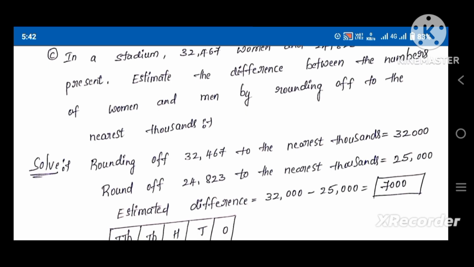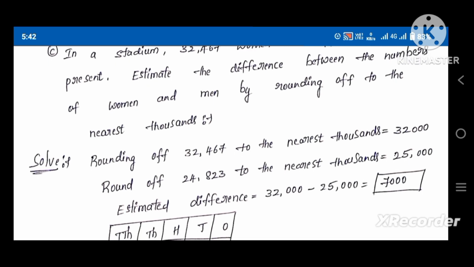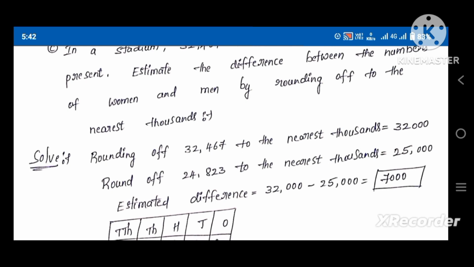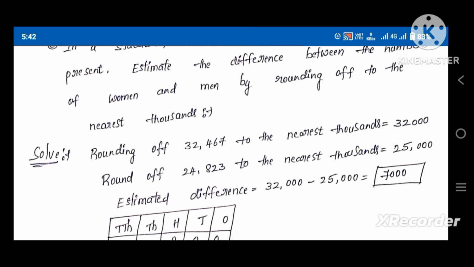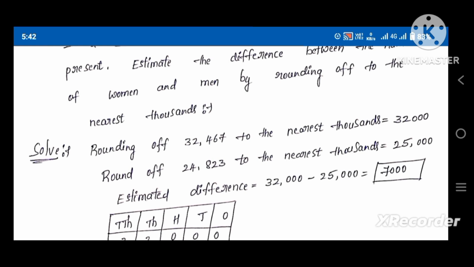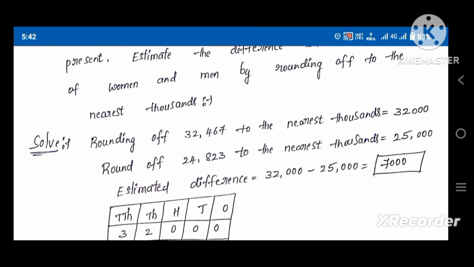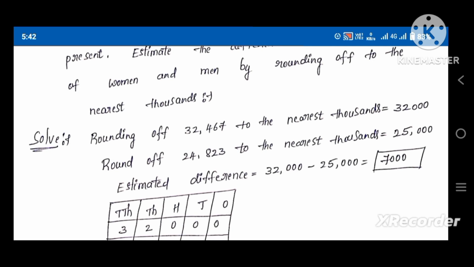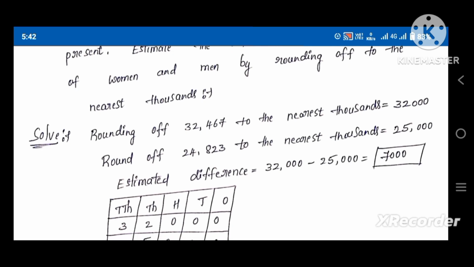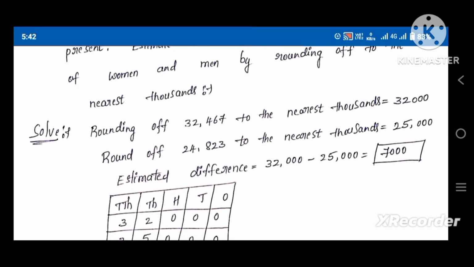Rounding off 32,467 to the nearest thousands is equal to 32,000. Round off 24,823 to the nearest thousands is equal to 25,000. Estimated difference is equal to 32,000 minus 25,000 is equal to 7,000.